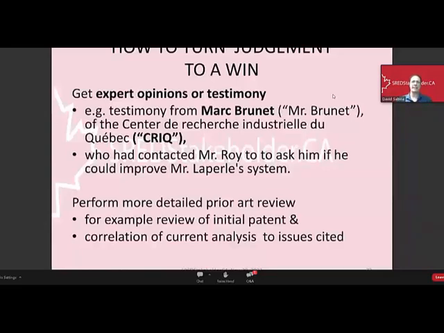So looking at this and saying, okay, well, what can we learn from this as claimants or practitioners? And how could we have maybe taken the existing fact scenario here and turned it from a loss to a win? One of the things I would recommend is we could have got expert testimonies from Mr. Brunet.